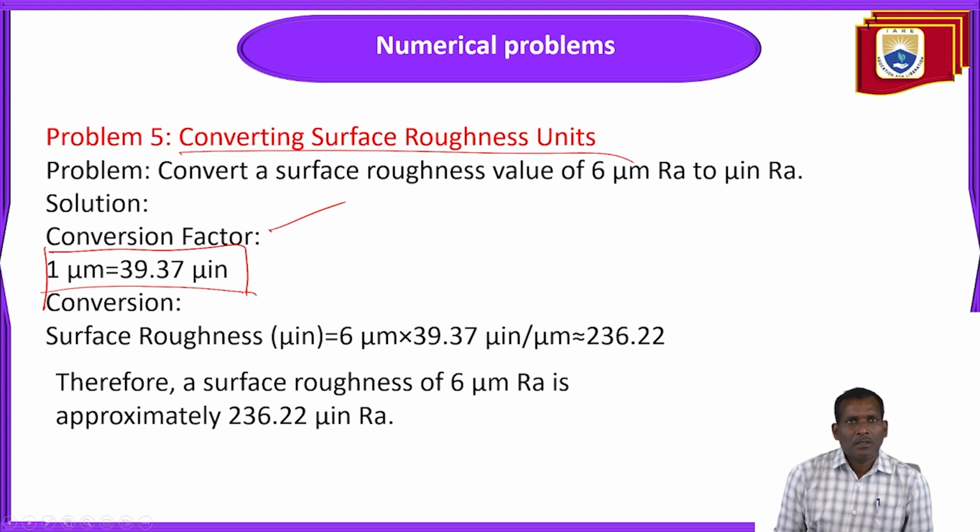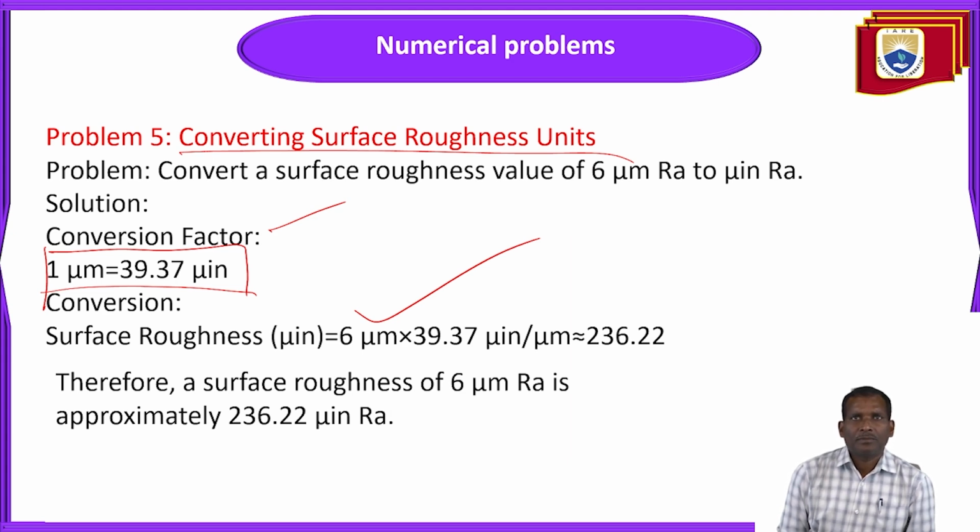So the surface roughness in micro inch is 6 micrometers multiplied by 39.37 micro inch per micrometer, which gives approximately 236.22.